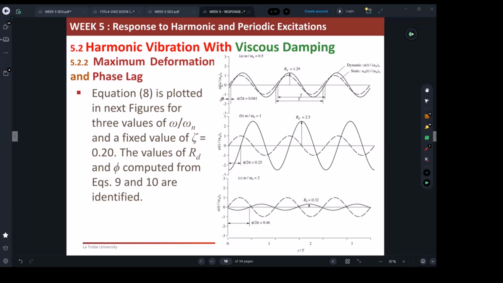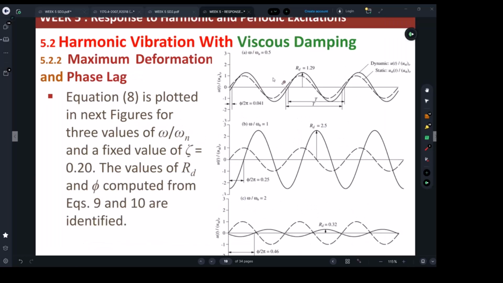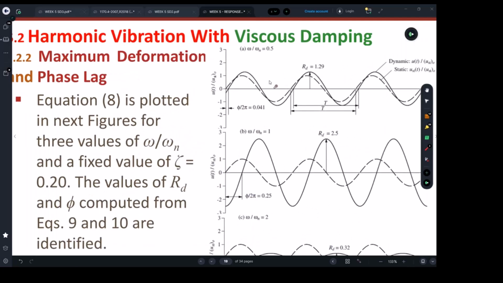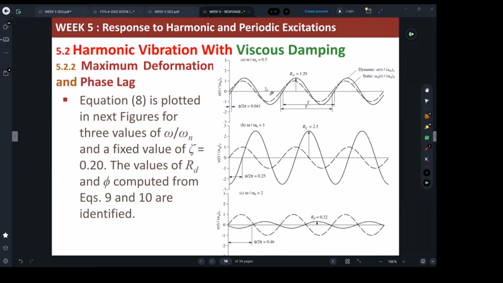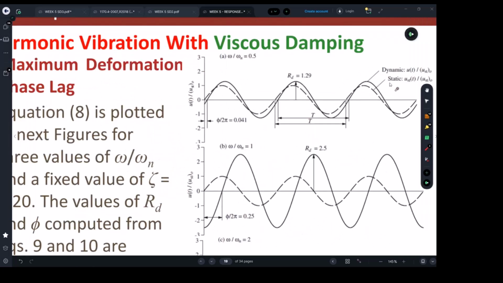We're going to see some curves. I think that will help me explain what lag means and what RD means. Here we have three different comparisons between the static response and the dynamic response. The static response is typically uniform because it's always the same. The actual dynamic response is what the building is going to feel.